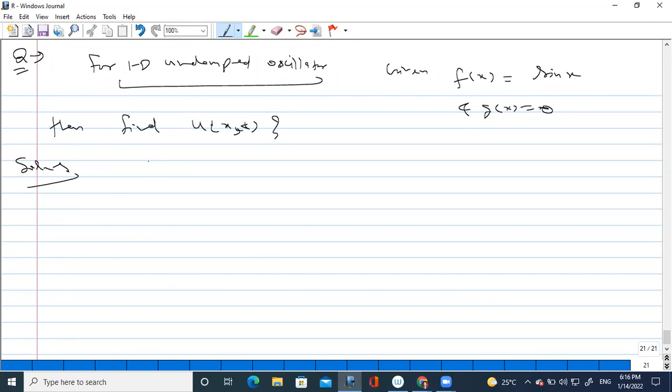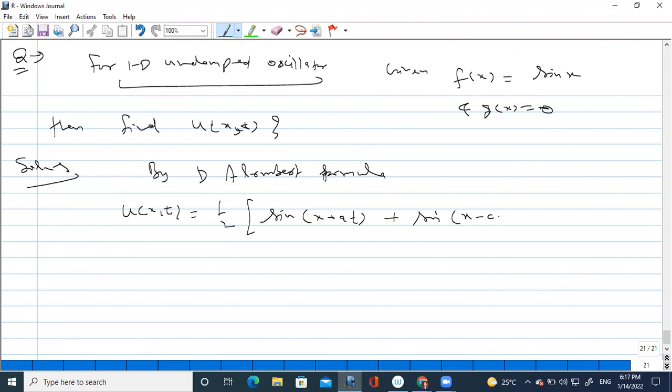This is also a similar kind of question. Here also, because g(x) is 0, by D'Alembert formula, u(x,t) will be half of, just directly you can use sin x. In x you have to use x plus at, and plus sin (x minus at). So this is the answer.